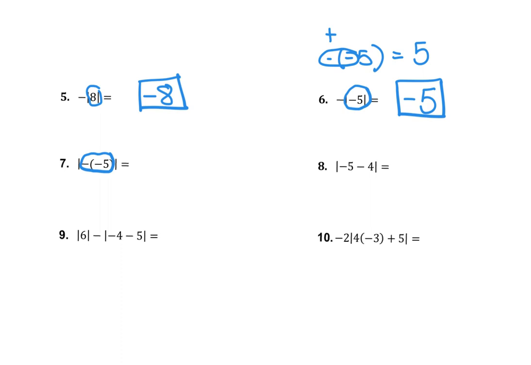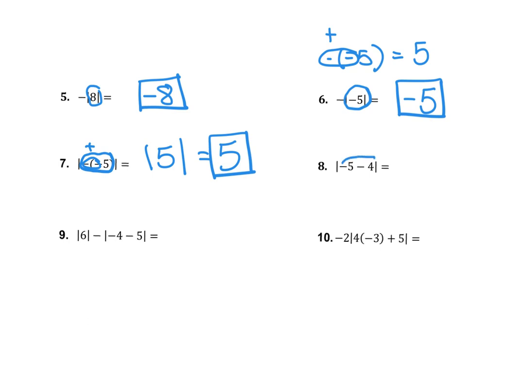So I'm going to take the -5, so 2 negatives, remember, that makes a positive. So what I'm evaluating then is the absolute value of 5, and we know that the absolute value of 5 is +5.